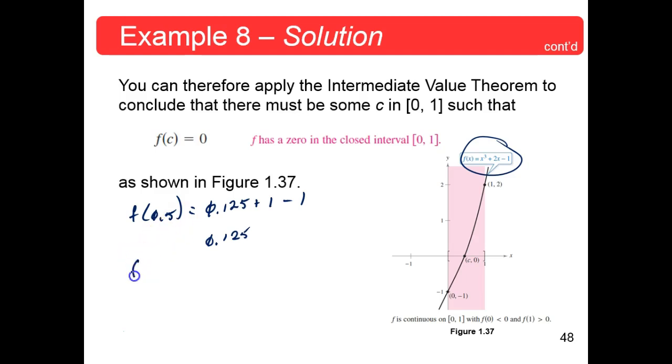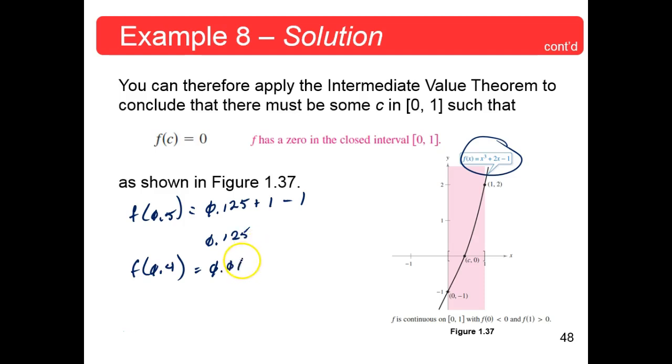Now my next guess would have been f of 0.4. Why not? I'm not going to do the bisection because it looks like it's going to be closer to 0.4 than it is to 0.25. So let's do that. And that would be 0.064. No, wait. I'm not thinking well today.